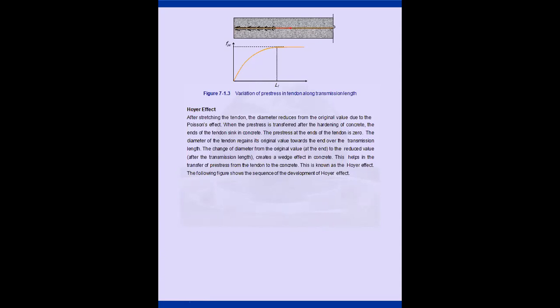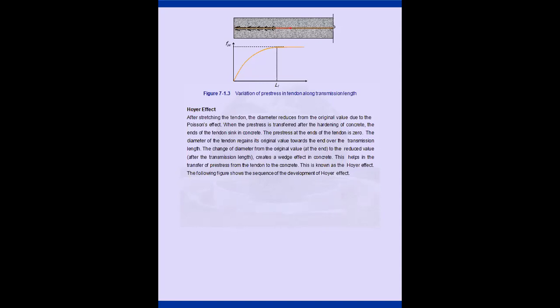What do you mean by Hoyer effect? After stretching the tendon, the diameter reduces from its original value due to the Poisson's effect. When you release the load, your member will regain its original shape and size in both lateral and longitudinal directions. So when the pre-stress is transferred after the hardening of concrete, the ends of the tendon sink in the concrete.